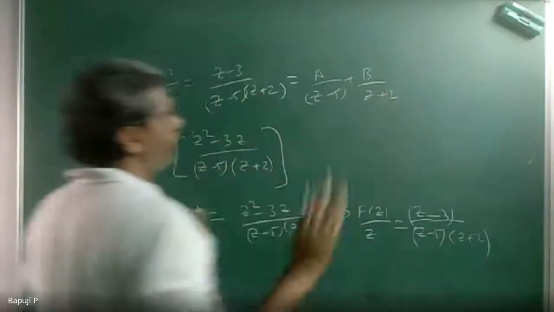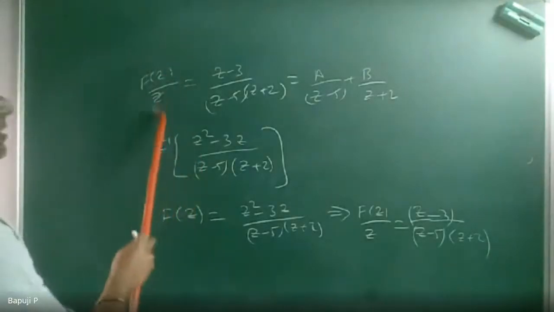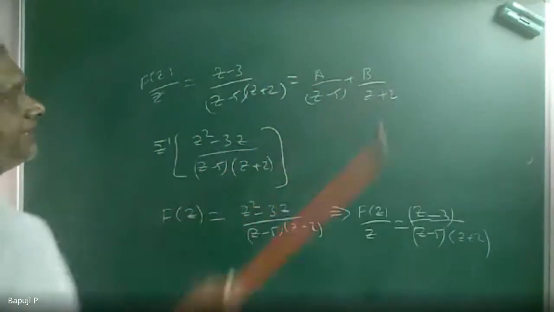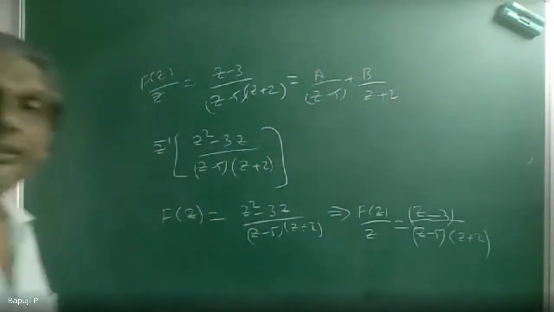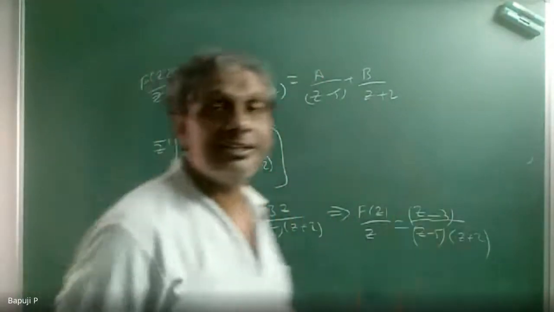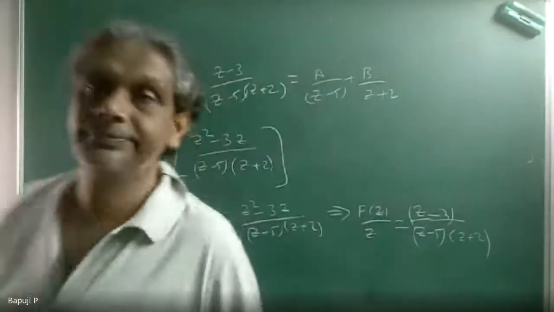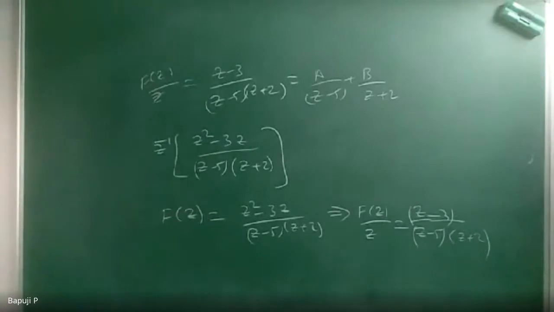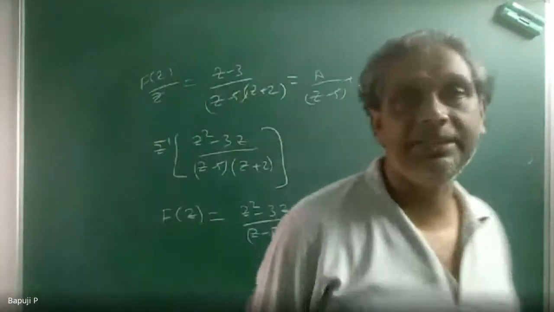Now think, suppose I got A and B, then finally F of z by z is A by this fellow, B by this fellow. If you take this z to this side, what is the formula for z by z minus a? Tell me.